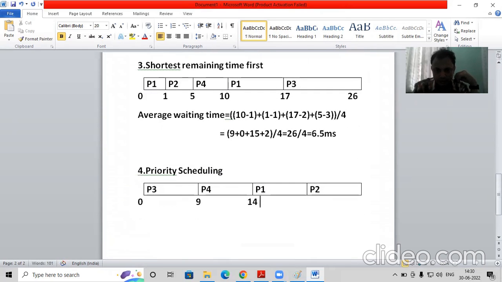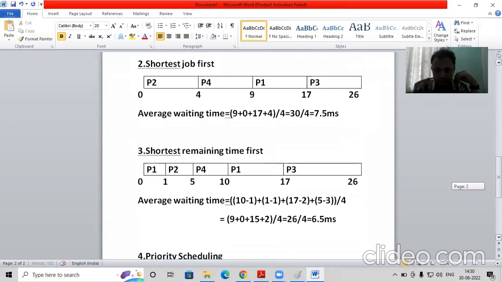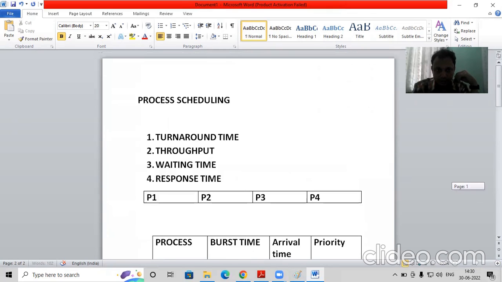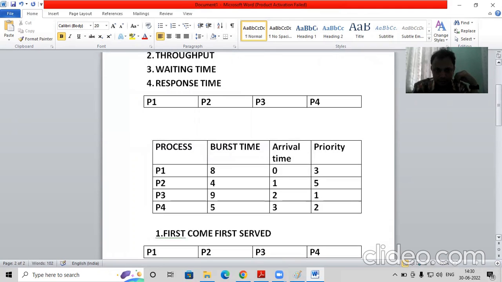So here 22. Then P2. P2 is taking 4 milliseconds.